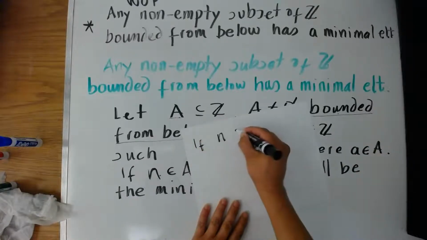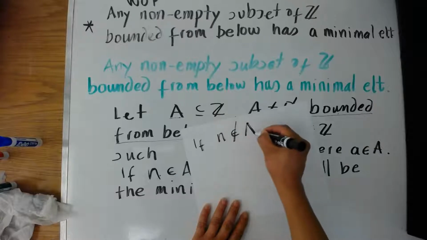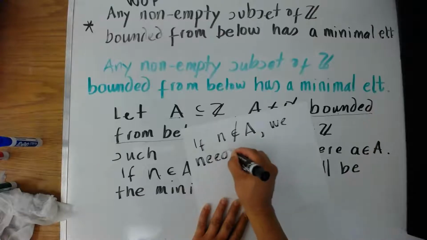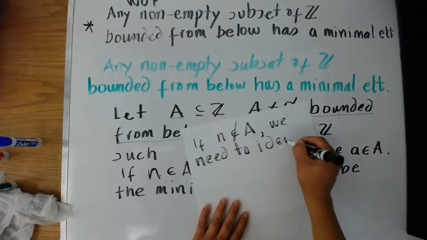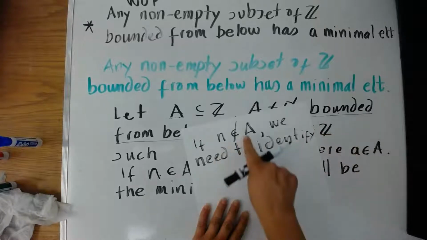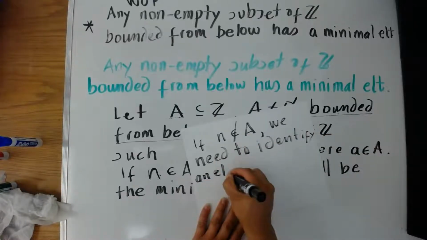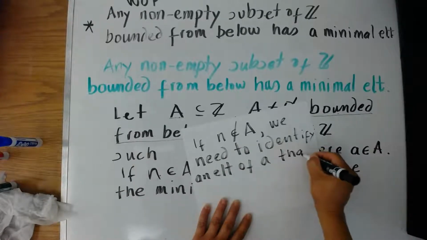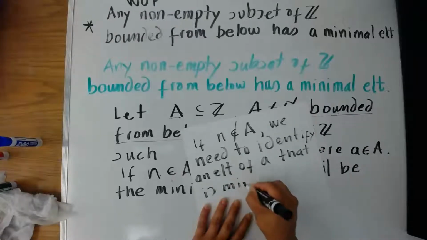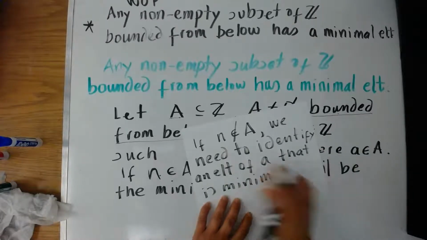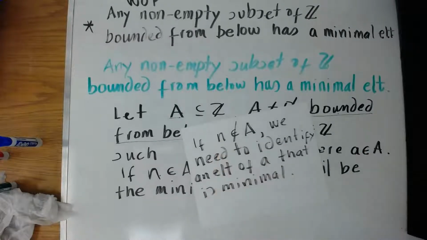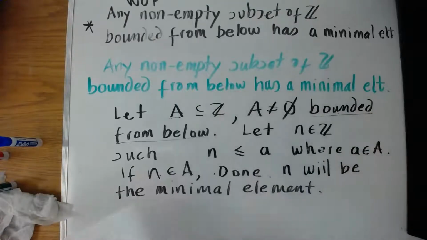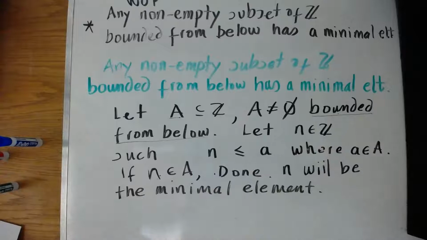If n is not an element of A, we need to identify an element of A that is minimal. Okay, so this is our goal now. So let's consider the case where the number n is not in A. This is the case we need to consider now. Okay, so let's make some space for that.